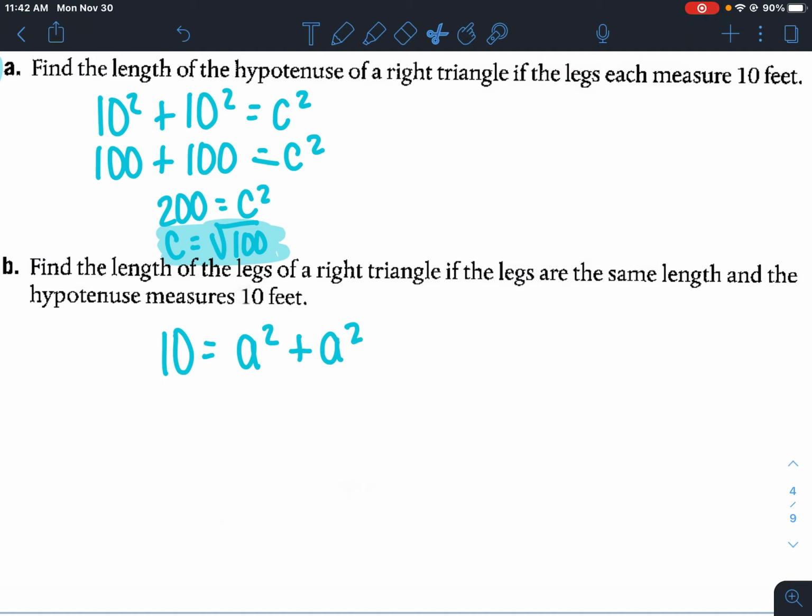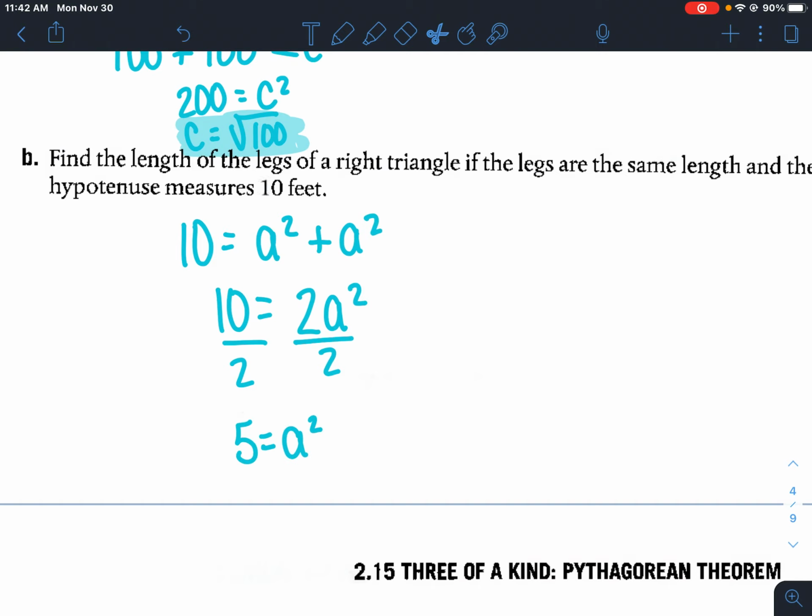So a squared plus a squared. If I had an a squared plus a b squared, I wouldn't be able to solve it. It wouldn't work out and I'd get confused. So a squared plus a squared. Then I'm going to combine like terms. So 10 equals 2a squared. And now I can divide both sides by 2. So I'm left with 5 equals a squared. And then from there, I didn't make a mistake, it's the square root of 5 equals a.